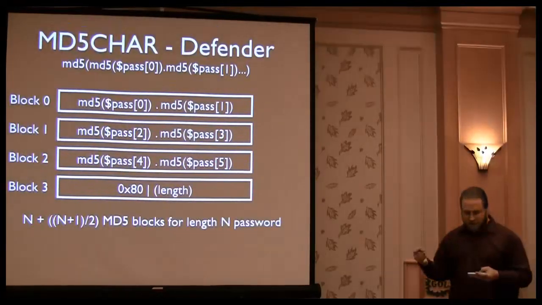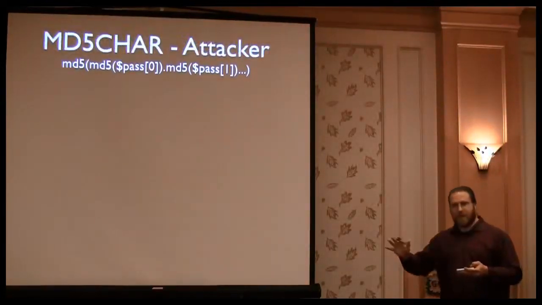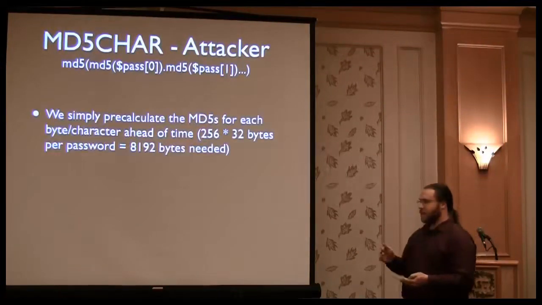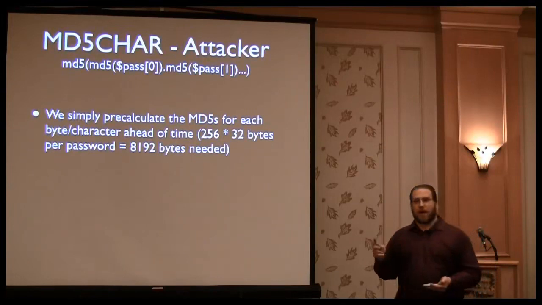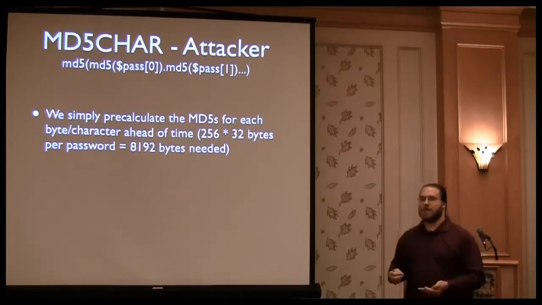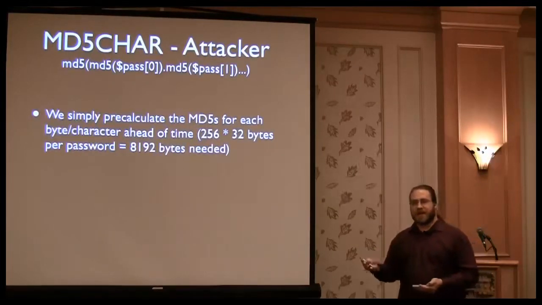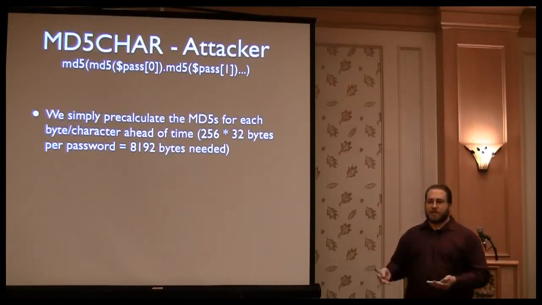Now, some of you have generated this table in your head already, but that's okay. If you haven't, I have it for you later. The attacker perhaps is a bit more intelligent and realizes that the MD5 of A is always the same. And so we create a table and we do the math and we determine that we only need 8K worth of data to store the MD5s in expanded ASCII form of every single possible input byte to those inner MD5s.